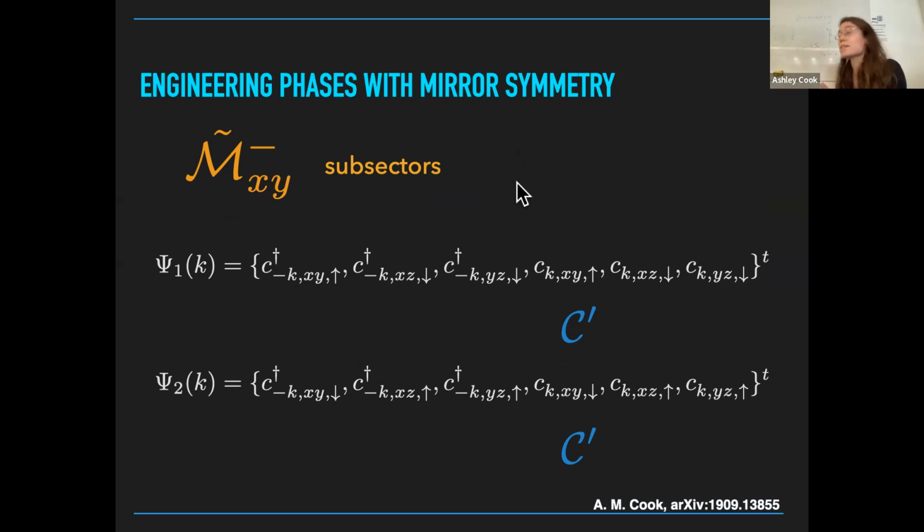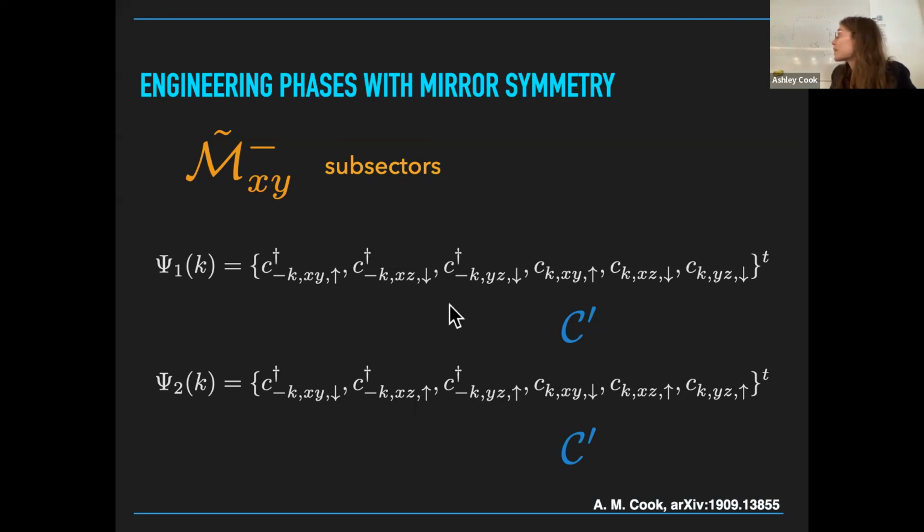So the bases for these different mirror subsectors are quite important in identifying the forms for the spin operators that you will use to try to compute the Skyrmion number. So they're quite interesting. So one thing is I'm putting the daggers first because that's just naturally what happens upon block diagonalizing the Hamiltonian. And then another thing that's really interesting here is you have a basis of spin up, spin down in one sector, and spin down, spin up in the other sector.